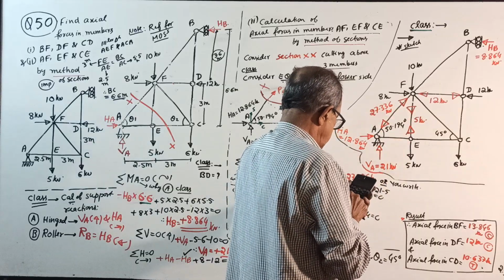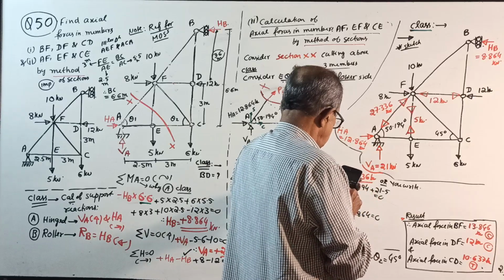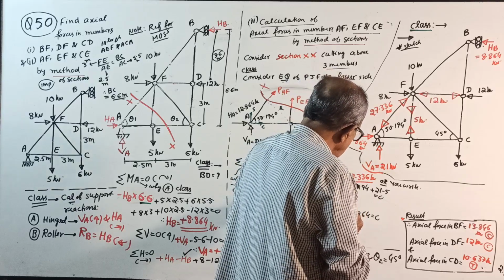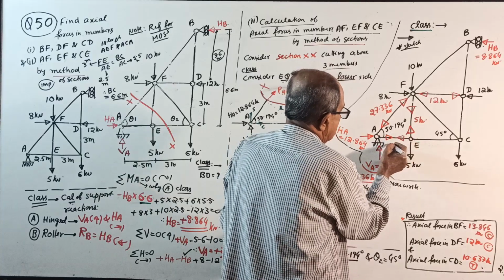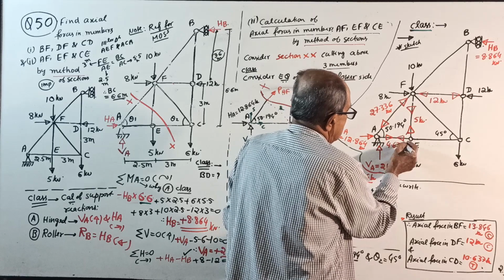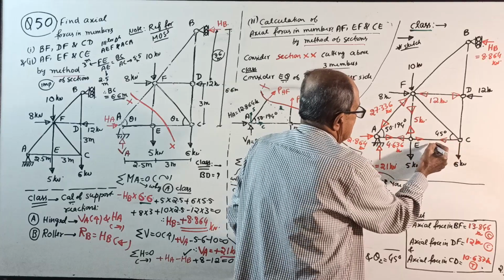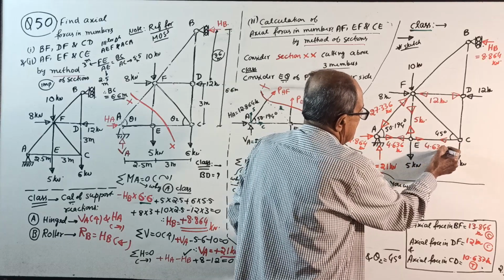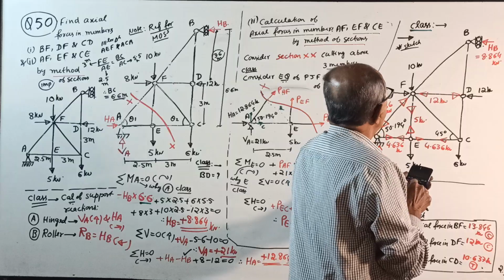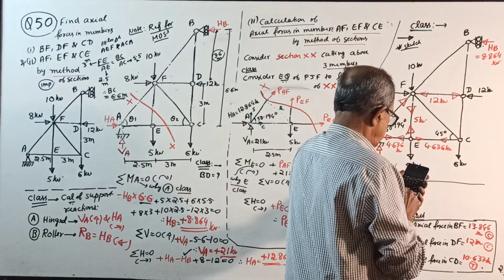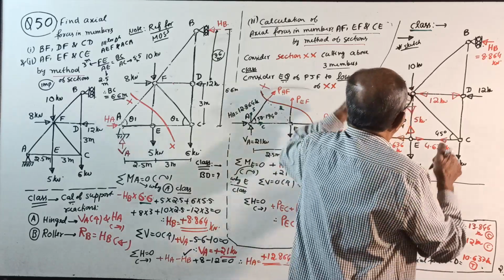Into cos 50.194 is 17 minus 12.864 is 4.636. Divided by cos 50.194. 13.846.